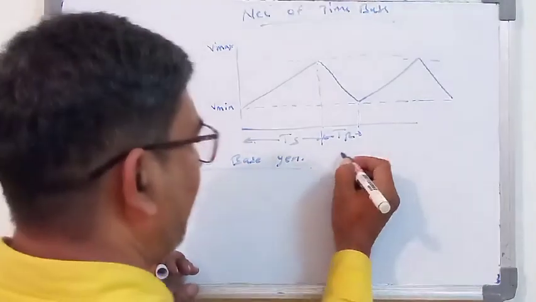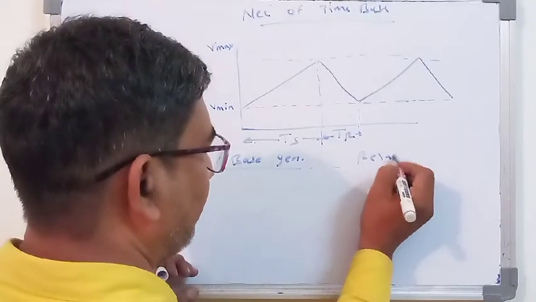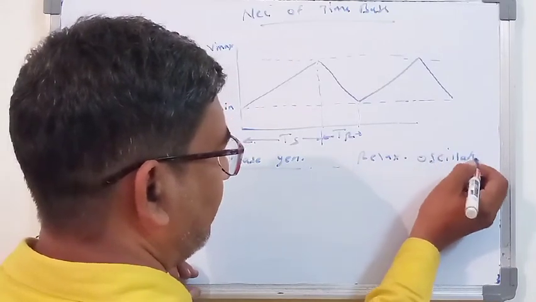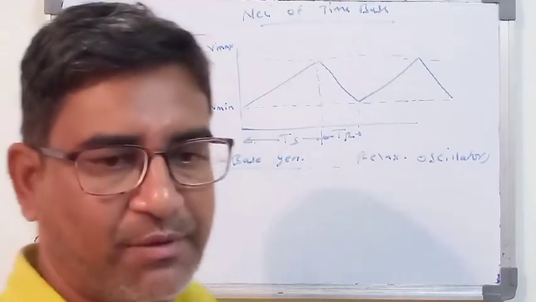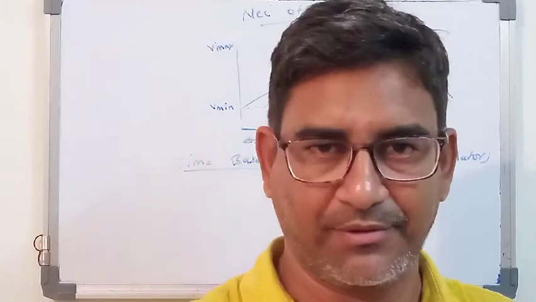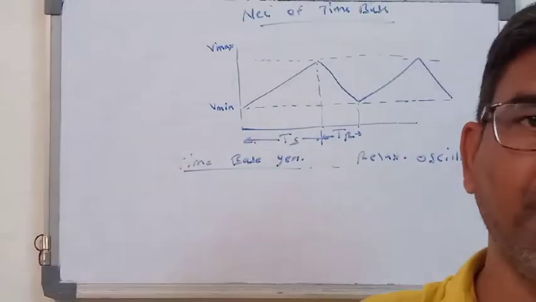Relaxation means that for some while the wave is relaxed, and to obtain this we are using the UJT.